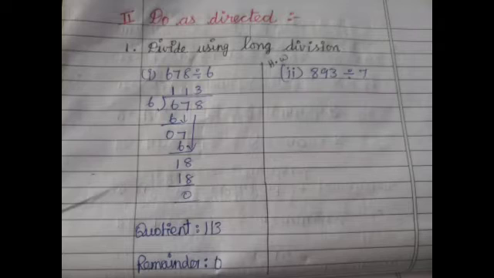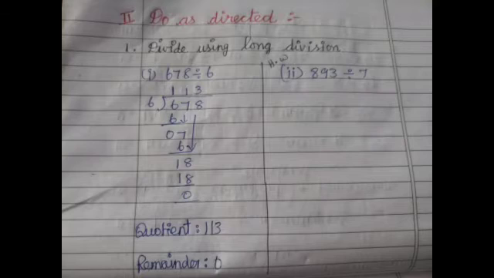Coming to the sum now. 678 divided by 6. 6 is the divisor. So, we need to say the 6 table. Take the 6 outside and 678 inside. First thing is 6 is a 1 digit number, so take the first one digit number. So here 6. In 6 we have 6 one time.